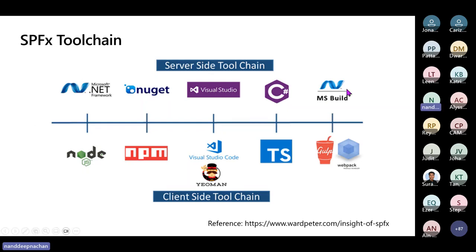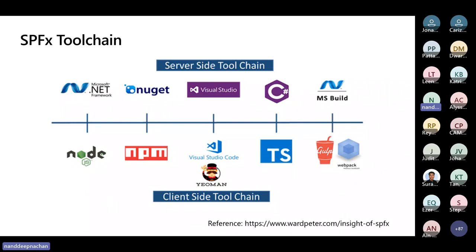The bottom side is the client side toolchain, that means client side development. If you are coming from developing Node.js based solutions, or React.js or AngularJS, you will see some familiar faces here. But irrespective of whether you start with server side or client side, with SharePoint Framework we can do the development using the client side toolchain only.